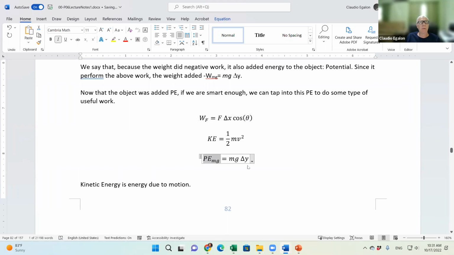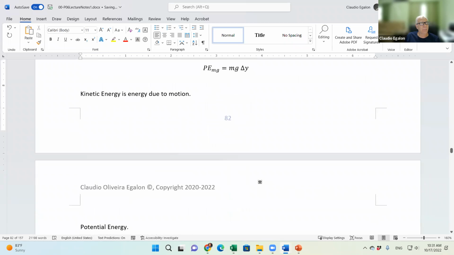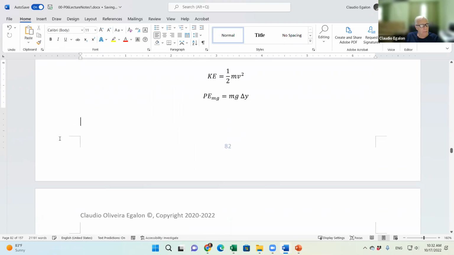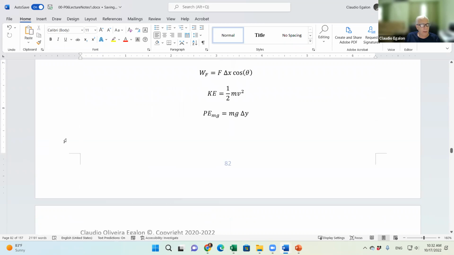Do they all have the same units? I already proved to you that here we have Newton meters. Here we have kilogram meters squared per second squared, which is also Newton meters. And here we also have Newton meters. So all three quantities that we defined have the unit of joules.